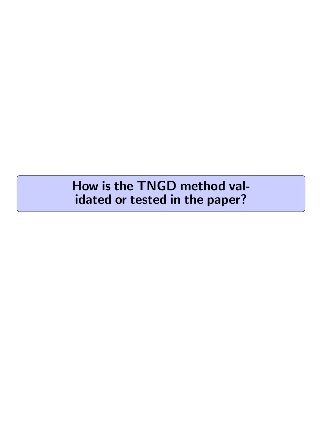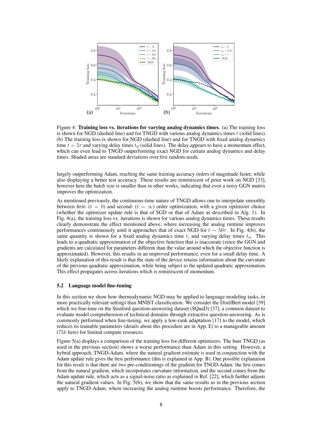How is the TNGD method validated or tested in the paper? The TNGD method is validated and tested through experiments on two tasks: MNIST classification and language model fine-tuning on the Stanford Question Answering Dataset, SQuAD.